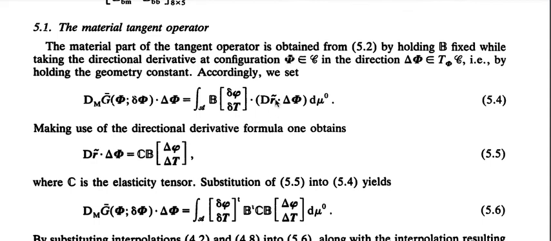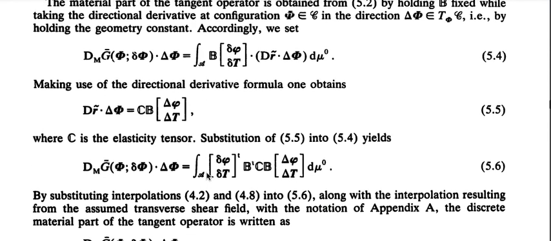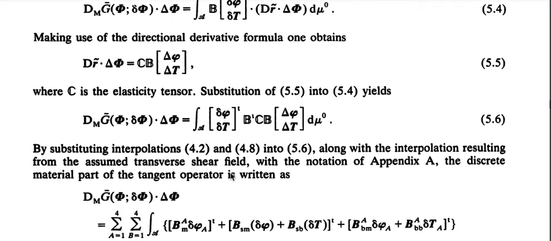So this is the whole expression of the material tangent. In this paper it is assumed that the stress resultants are linear functions of the corresponding 2D strains. That is why they write this relationship, the directional derivative of the stress resultants, directly as CB. C is the matrix relating the stress resultants to the 2D strains, CB times delta phi delta T.